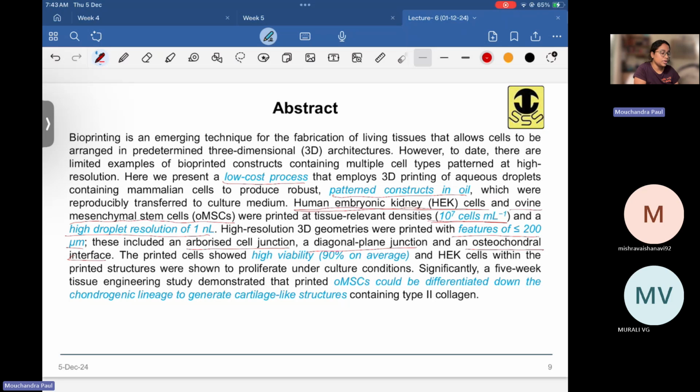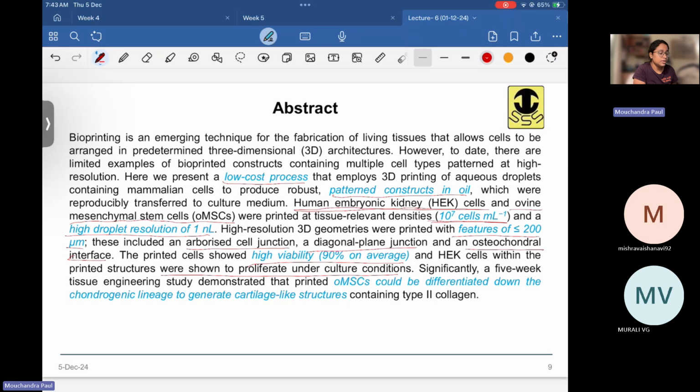I'll show you. Okay, the printed cells showed very high viability, close to 90% on average. That's good. HEK cells within the printed structures were shown to proliferate under culture conditions.